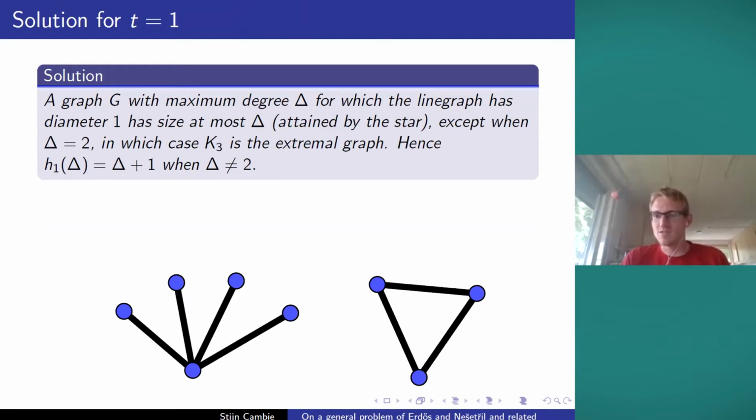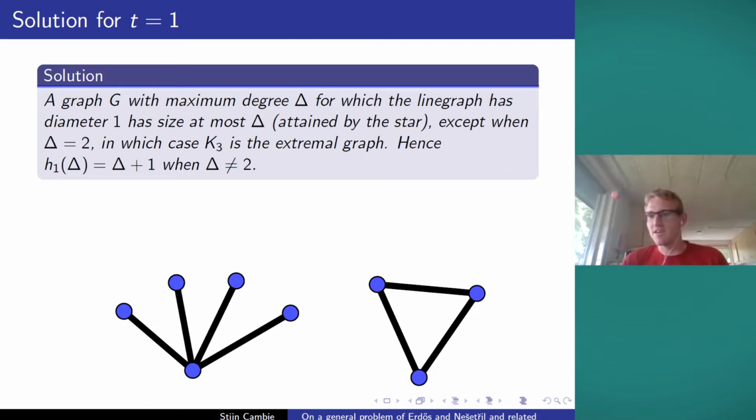So if delta is 2, then if you have the star with 2 leaves, we can just connect the 2 leaves with an additional edge, because this edge is also adjacent to the 2 other edges. So just by checking the properties, we have solved Erdős-Nešetřil for t equals 1.